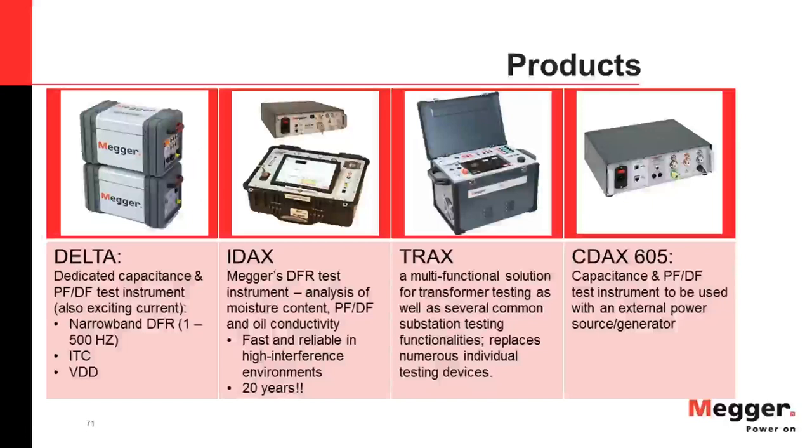Well, once I get below 3% moisture content, which I hope my processing has brought me to, power factor is not really going to give me much difference between 2.5% and all the way down to 0.5% moisture content in paper. So I'm just not getting enough information from the test to make it worth my while to worry about all these other safety factors that I'm now introducing to the measurement.